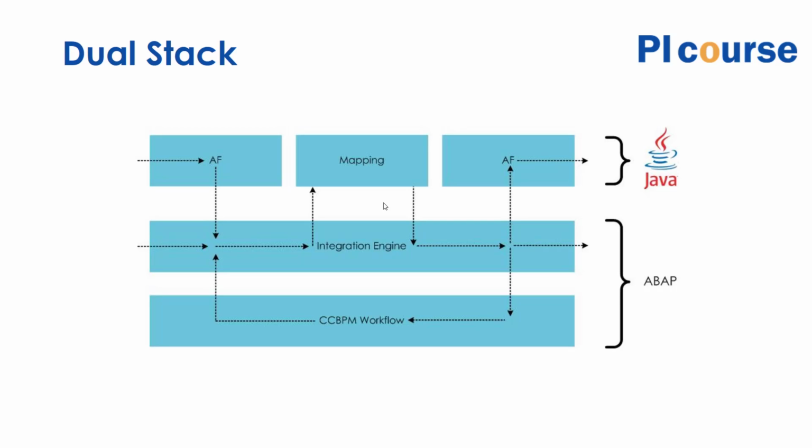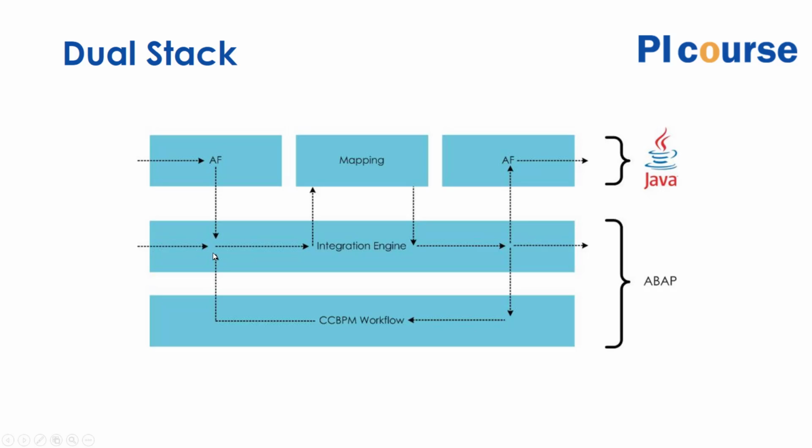So we talked about what was the old framework versus the new framework. In the previous, you had an adapter framework. So here we have the Java stack. In the adapter framework, for instance, if you have a file adapter, it would read the file. Then you have some message processing going on here. It would then send the message into the integration engine.